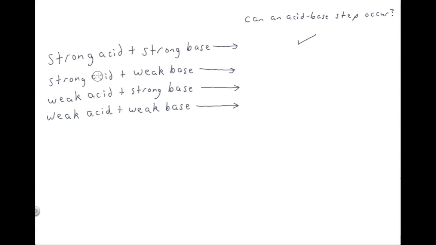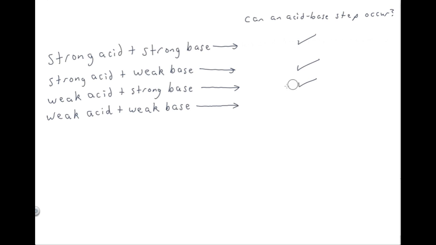How about if we have a strong acid and a weak base? Well, the weak base is not very reactive, but the strong acid is, and as a result, yes, an acid-base step can occur. We don't need both things to be strong. It's good enough for one of the starting materials to be strong. So by that same token, with a weak acid and a strong base, again, yes, an acid-base step can occur.